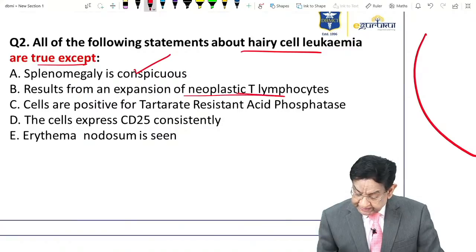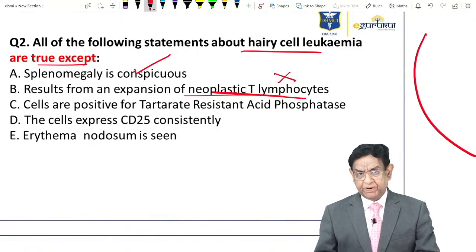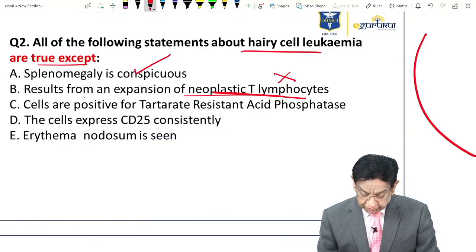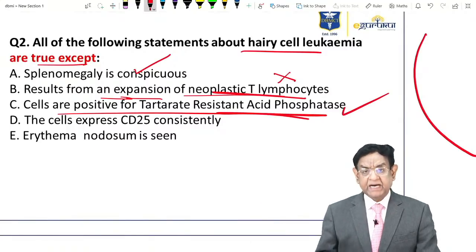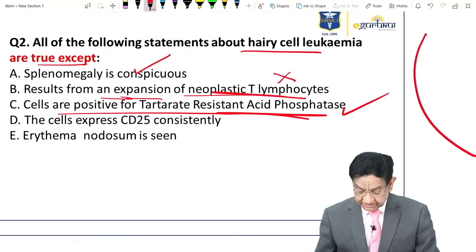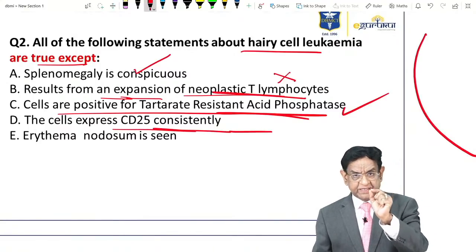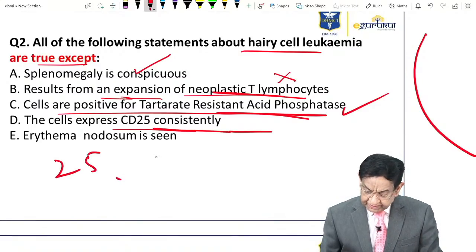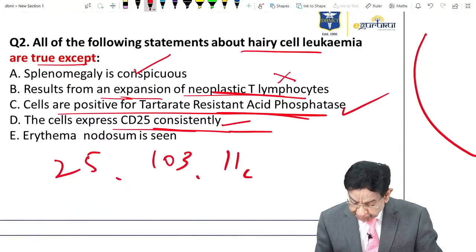Expansion of neoplastic T cells? No way, it is a B cell problem, not a T cell. Rule out, so this is not true. Cells are positive for TRAP, yes, they are positive for TRAP, we discussed. CD25, yes, we told you. CD103 and CD11c, we can see in immunotyping, this is true.